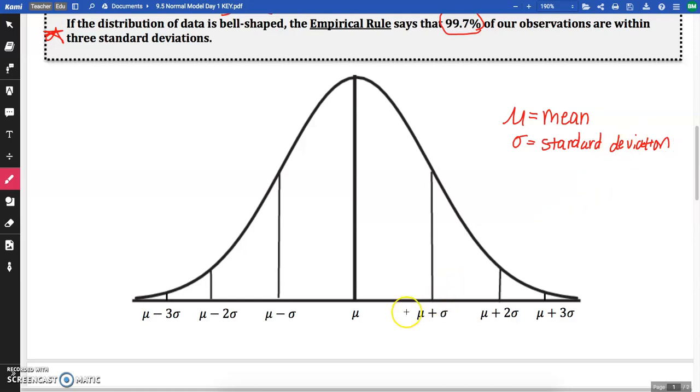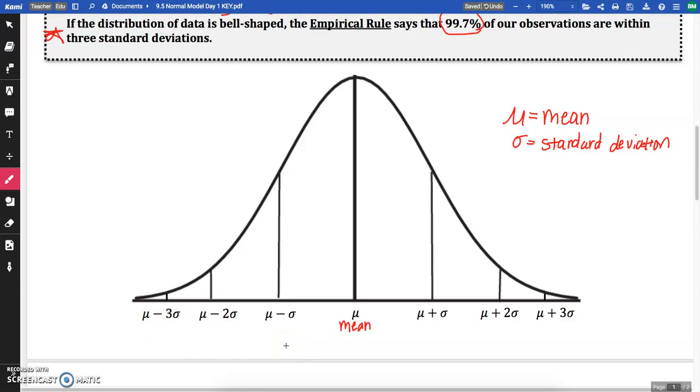So in the middle of our normal curve, we would have the mean. As we move to the right, we're adding a standard deviation, here we're adding 2, and then we're adding 3 standard deviations. To the left, we're subtracting standard deviations, subtracting 2 and subtracting 3 from the mean. We'll do an example of that in a moment.